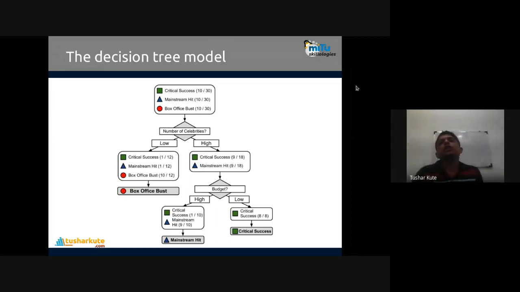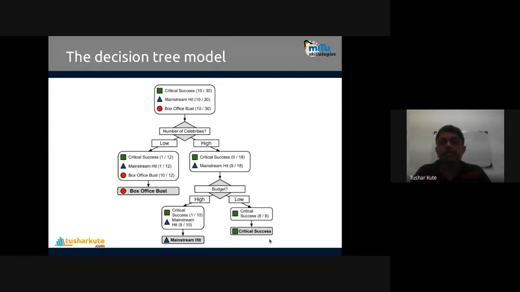Now, when celebrities are low and budget is high, when celebrities are low, budget is not considered. Directly, celebrities are low, you will be having a box office bust. Because previously it happened in the data set, which is recognized by the machine learning algorithm or decision tree here. Or when celebrities are high and budget is low, I'll be having a critical success.